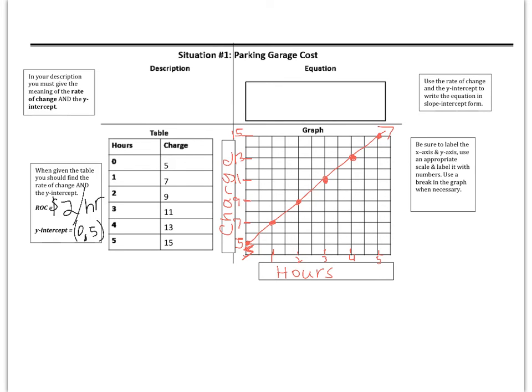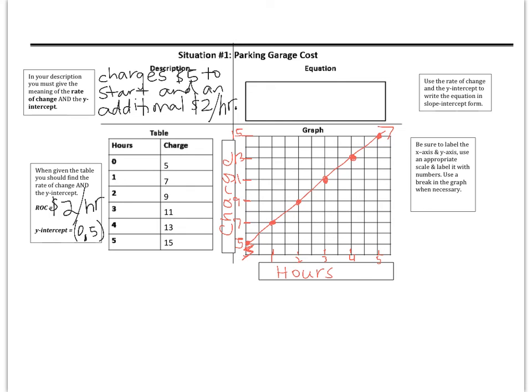So you would say this parking garage charges $5 to start and an additional $2 per hour. And that's really as descriptive as you need to get.